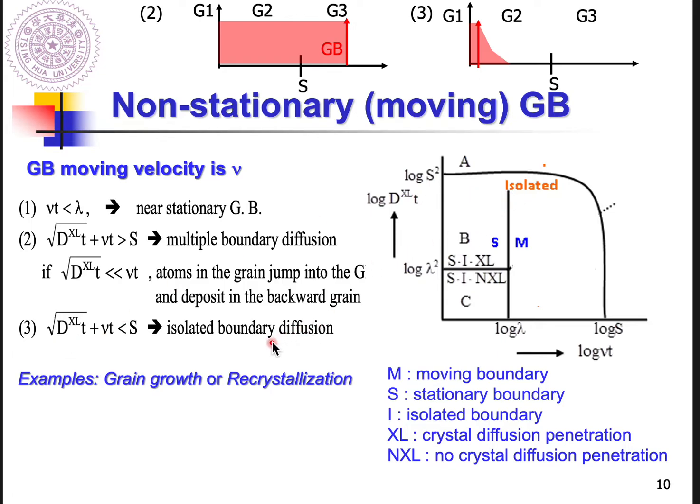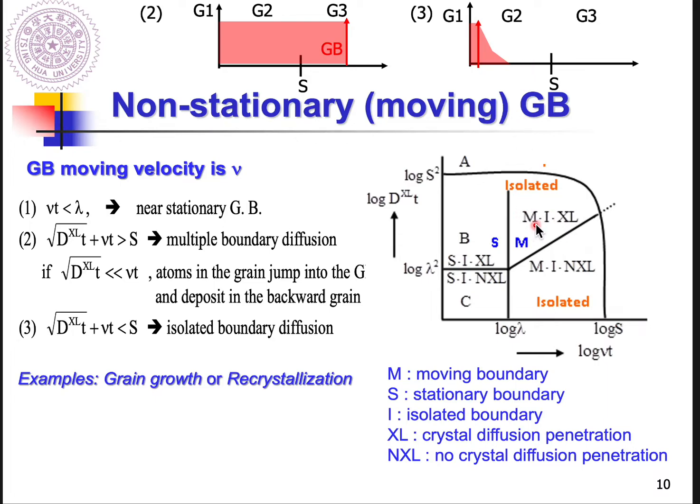Okay, so we finished this part. This is the multiple region, and this region you can separate based on the magnitude of Dt. If Dt is larger, that means the diffusing agent diffuses into the grain.